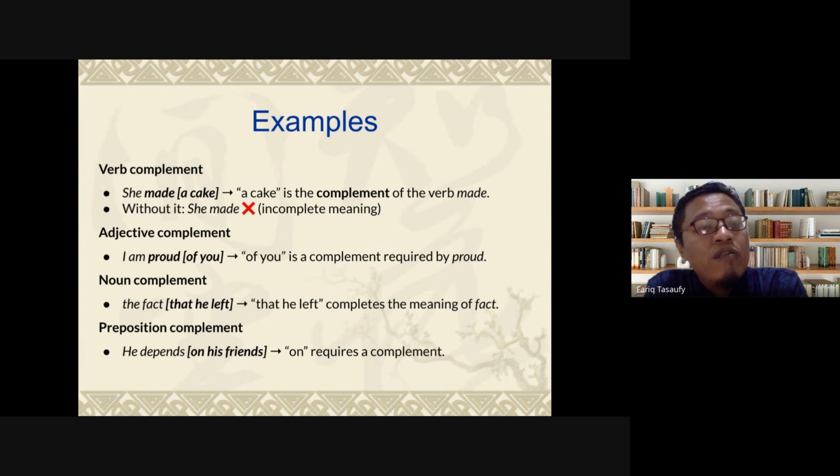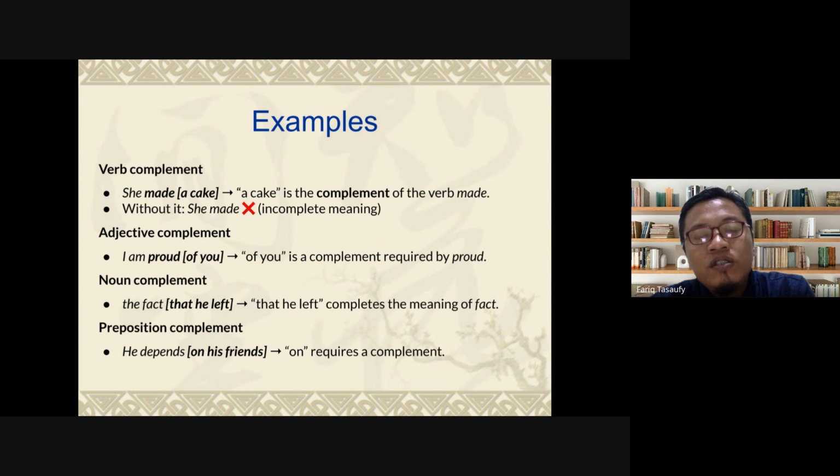And the third one is noun complement. It is like "the fact that he left." "That he left" completes the meaning of "the fact." It gives another important piece of information that explains the fact. What kind of fact is that? The fact that he left. That is the noun complement.